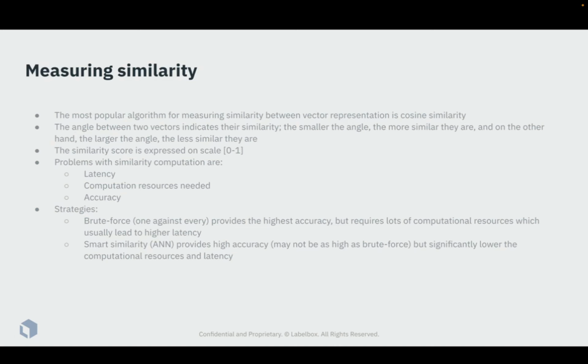So the smaller the angle, the more similar they are. And on the other hand, the larger the angle, the less similar they are. And the similarity score is actually represented on a scale 0 to 1. You can also find the scale -1 to 1 if you want to measure how dissimilar they are.